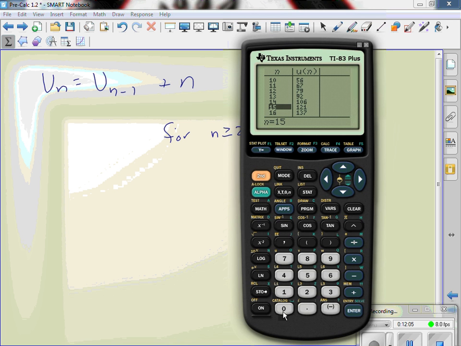I need to go second, not zoom, second window. I'm not going to use 100 because that'll take forever. Let's change that to 50. Change the table start to 50. And then hit second graph.